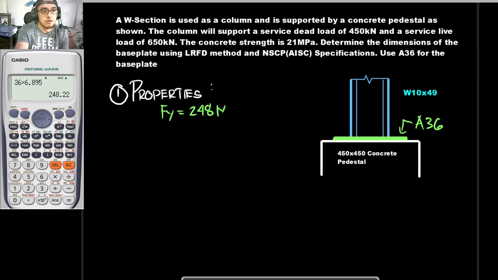Hindi ko na-explain kung saan natin nakuha to. Alam nyo na yan. And as for the BF and the D, alam nyo na din paano kunin yan dun sa ating table. And to save us some time, the base of the flange of this section right here is equal to 254 millimeters.